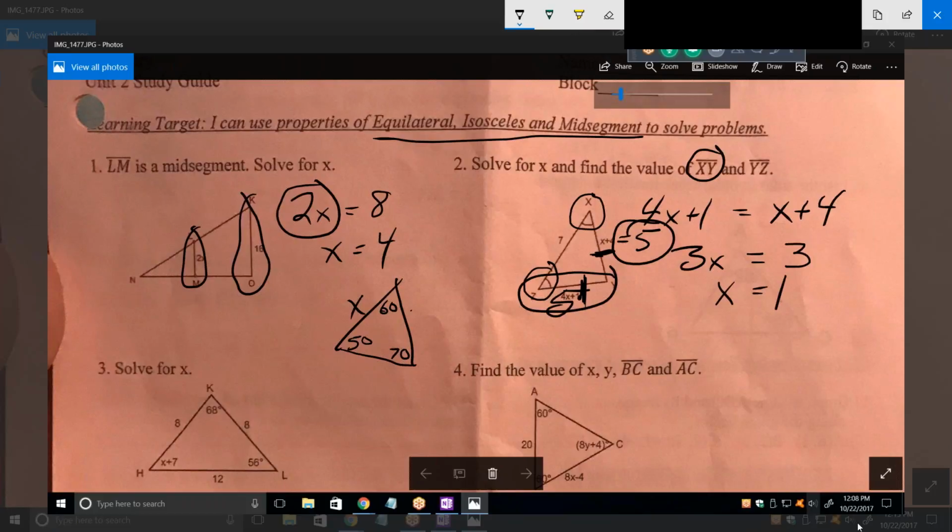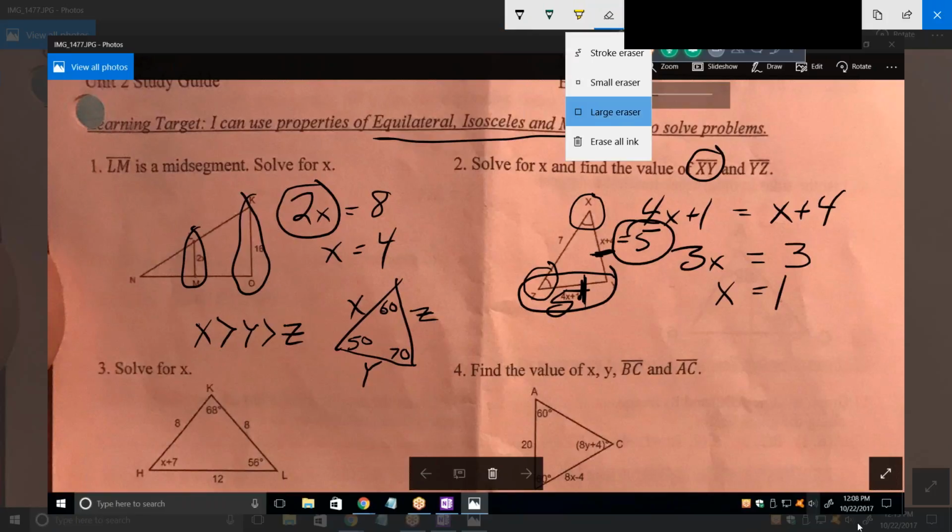And the shortest side of the triangle is always opposite the smallest angle. So if I had to rank the lengths of x, y, and z, I would know x is the biggest one, bigger than y, which is bigger than z. So z is the smallest, x is the biggest. Good thing to know about triangles. And so it's just if you have two angles that are equal, then their opposite sides are equal also.